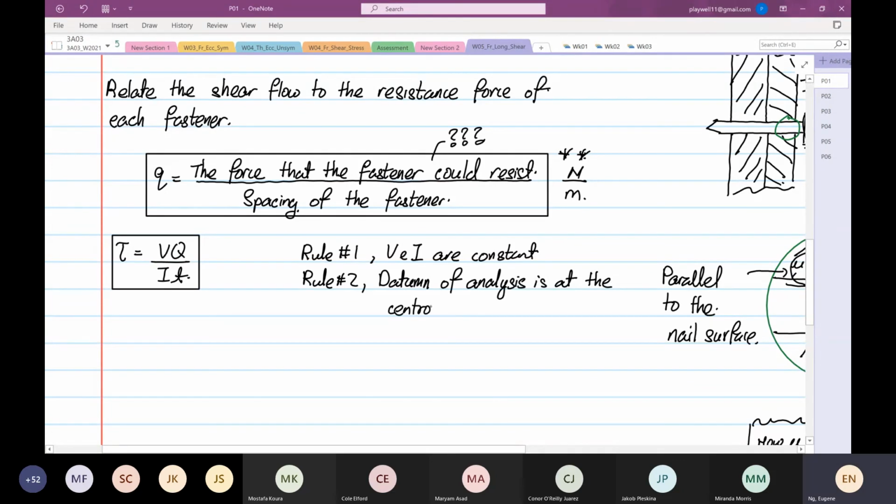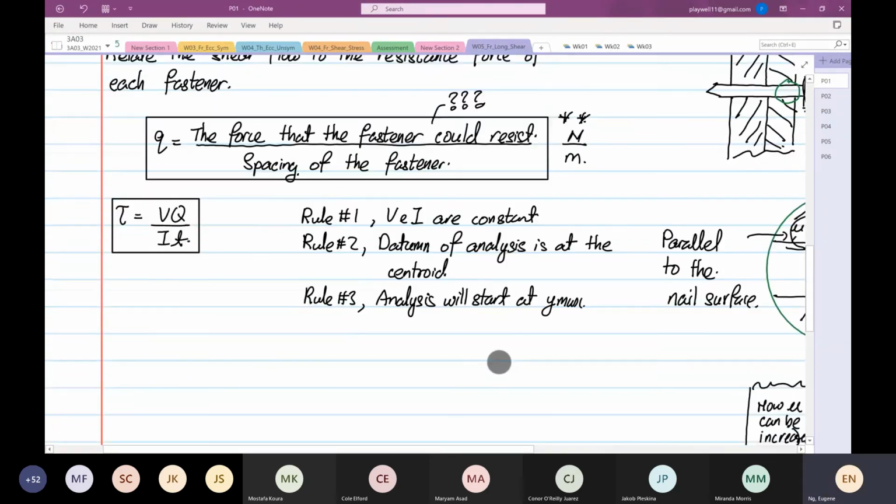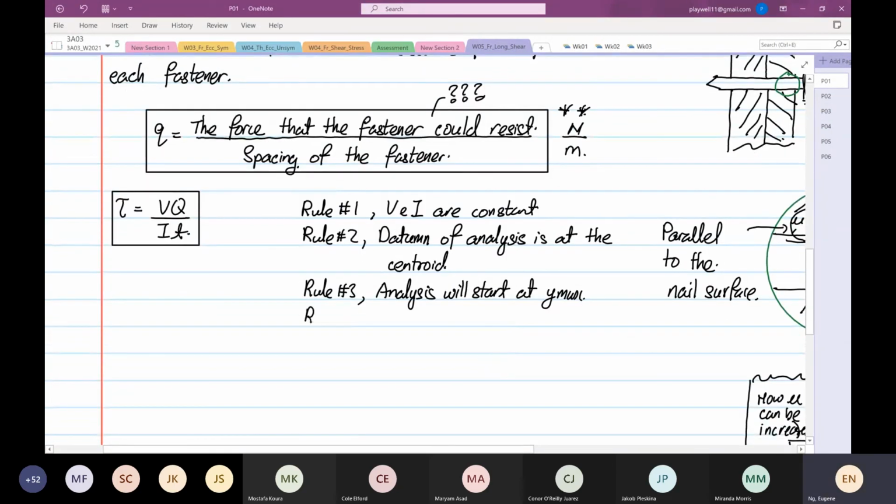Nothing new, right? Then rule number 3, analysis will start at Y max.